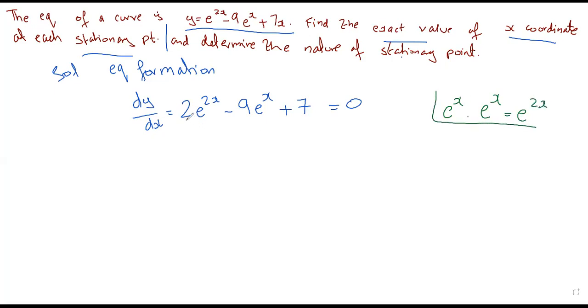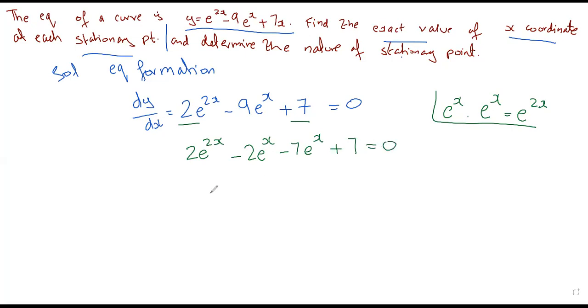So it is very obvious 2 and 7 are the two numbers. So it should be 2 e to the 2x minus 2 e to the x minus 7 e to the x plus 7 equals 0.